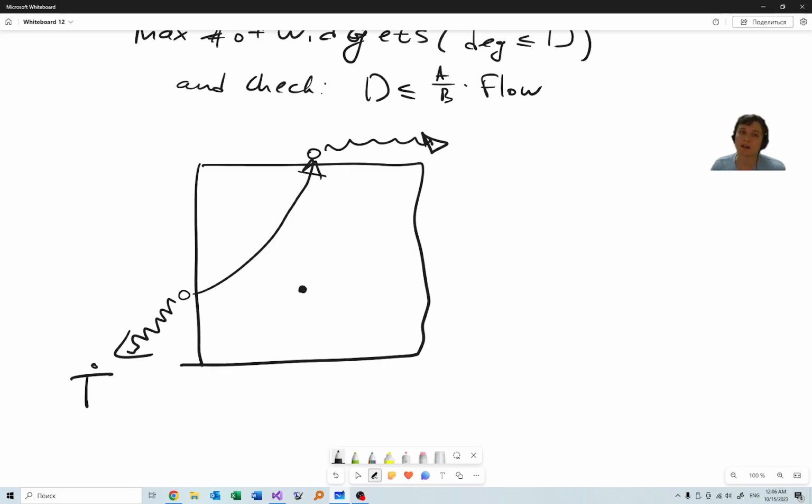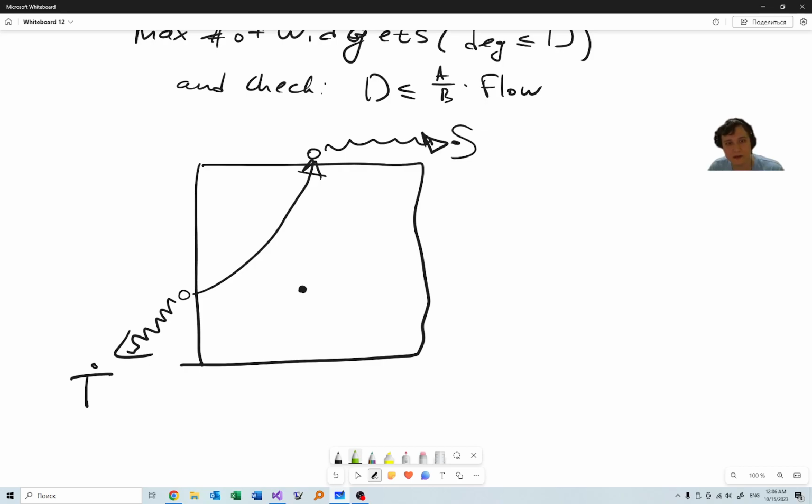No, if we do this as I drew, this would be really bad because of one simple reason. Yeah, the reason is that actually these two things don't have to correspond to each other.